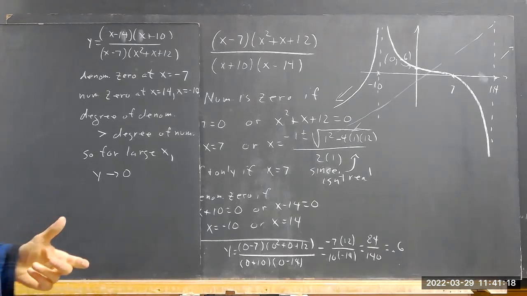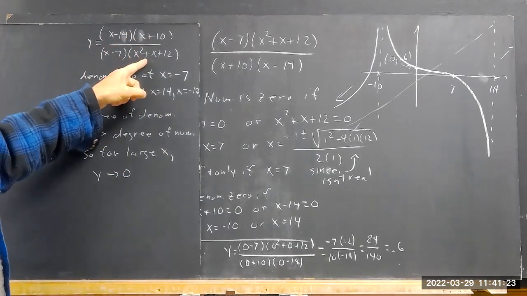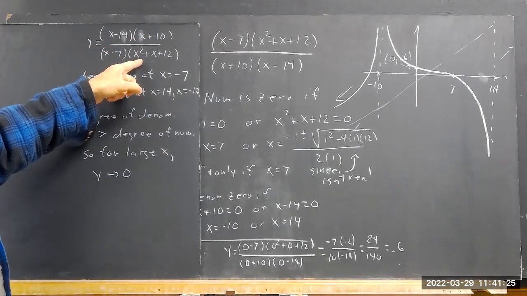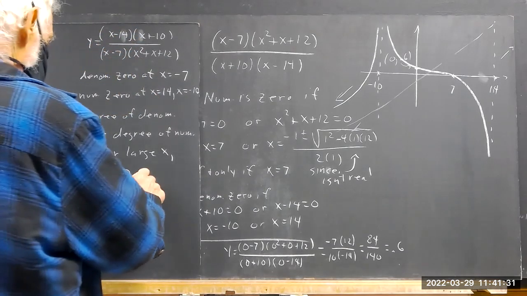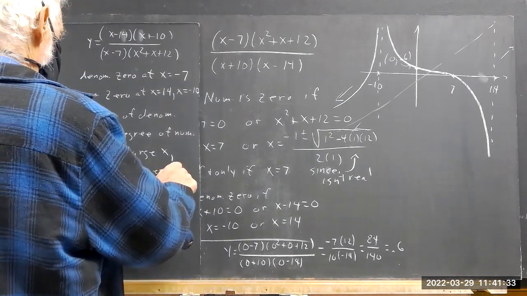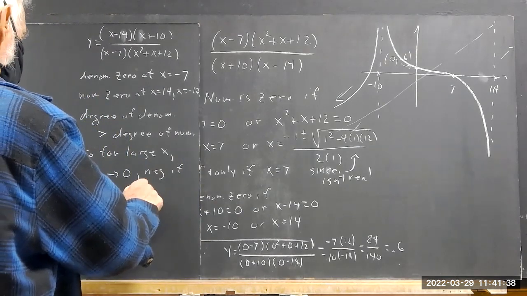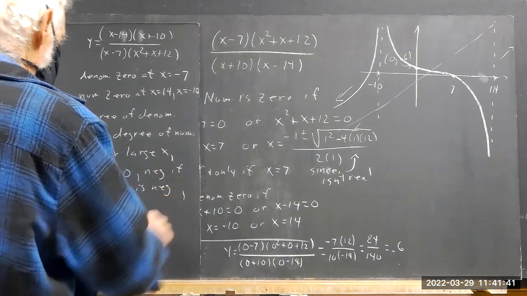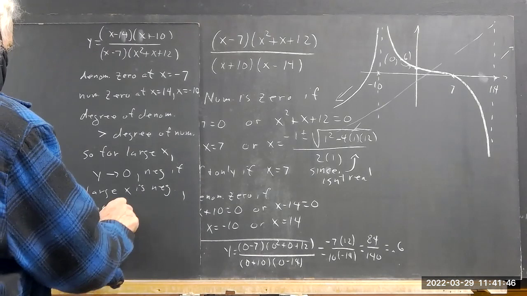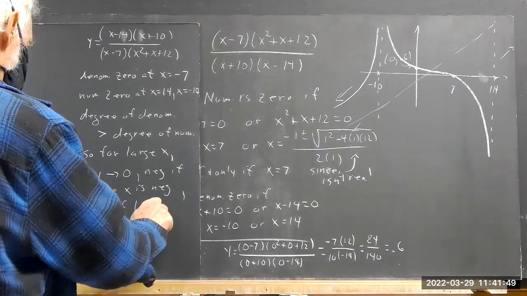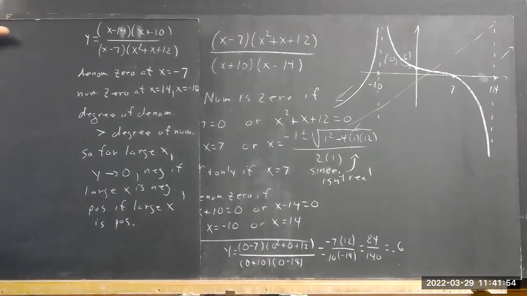If x gets big, negative, well then these three will be negative, but this will be positive because you're squaring the x, okay? So you'd have three negatives. It's going to be negative. The large x is negative. Positive, your large x is positive.